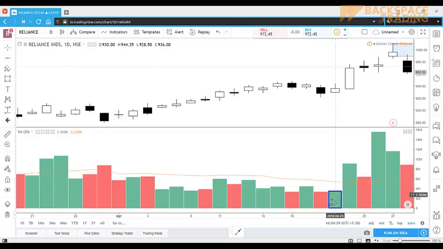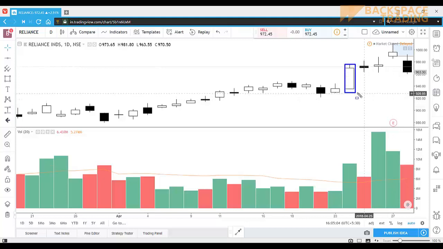Don't assume so. The color representation of volume bars is just for easy identification, not that the reds indicate sell and the greens indicate buy. No, that is not how it is. Volume means the total collective buy and sell combined together that happened for one particular candle. Here it is daily. That is what is being represented here.